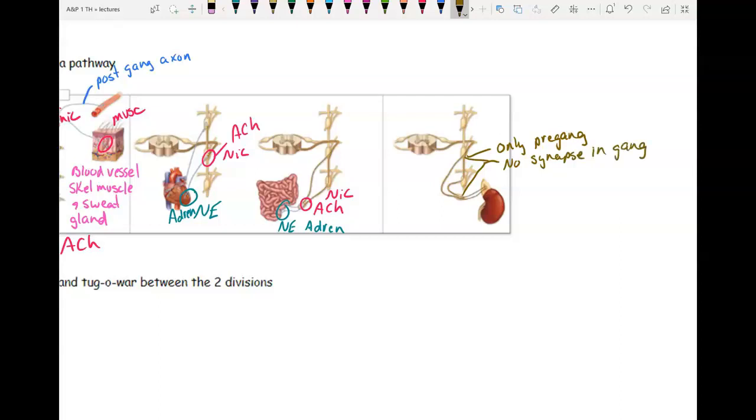So we're taking this other pathway, like for the heart and the intestine, and we're modifying it. So here, once you get to the gland, remember the adrenal medulla is a neuroendocrine gland. So it behaves as the postganglionic axons.